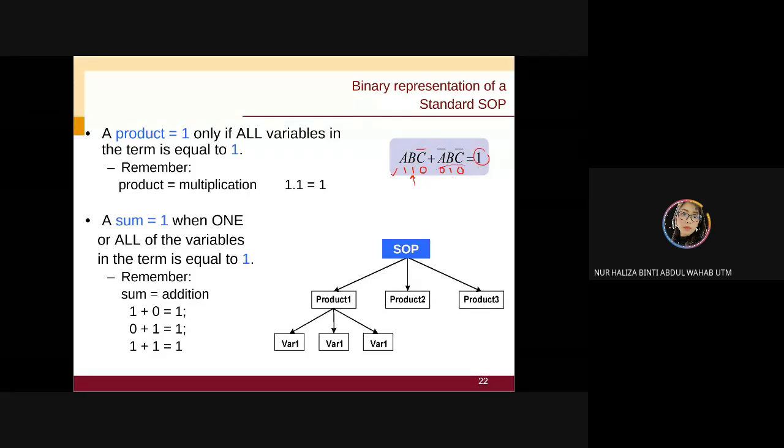Or if this is true, you will get 1 for your output. So for SOP, you're going to have products, you add all together, and inside each product, you can have variable 1, variable 2, variable 3, or maybe only 1 variable, or 2 variables. It depends.